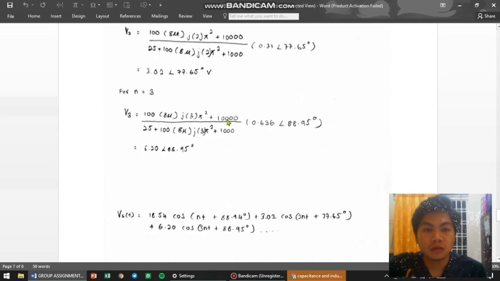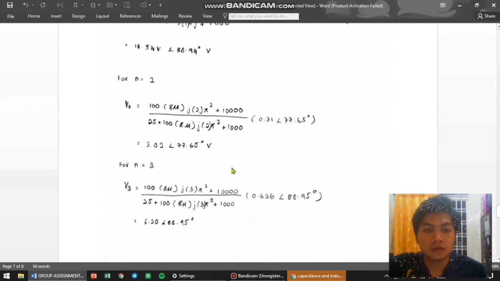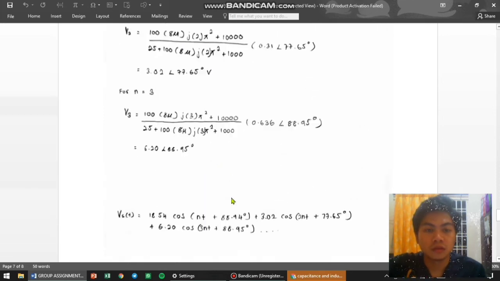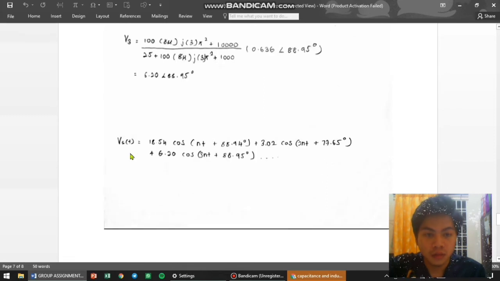So after the three terms calculation, we can conclude the calculation in one form, like this. But this is actually a typo. This is V output actually for this circuit.